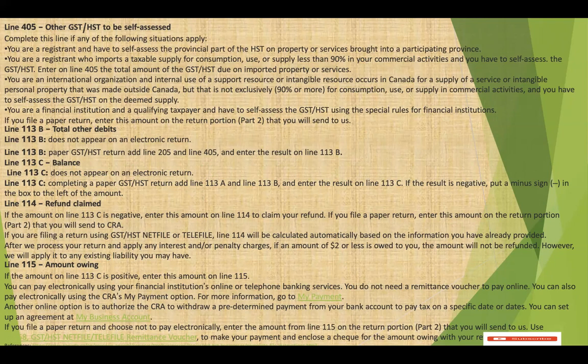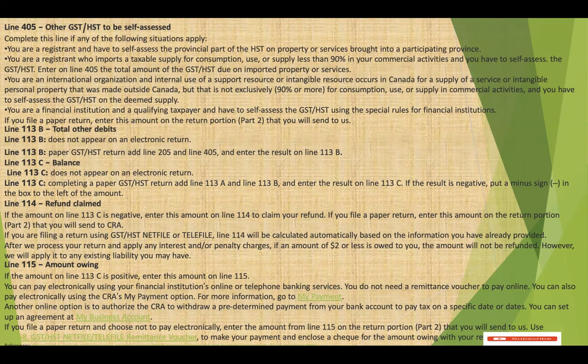Also, you are a registrant who imports a taxable supply for consumption, use or supply less than 90% in your commercial activity. Or you are an international organization, or an imported supply of intangible personal property or services in Canada.